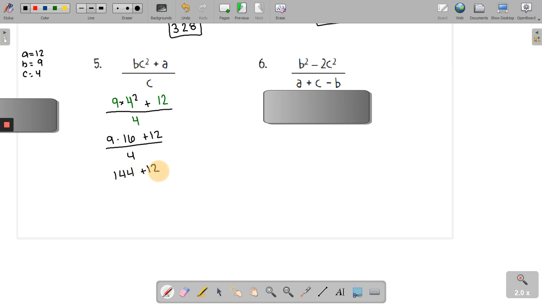Add 12 to it, and then we have to divide it by 4. So 144 plus 12 gives us 156. We have to divide that by 4, and 156 divided by 4 gives us 39.